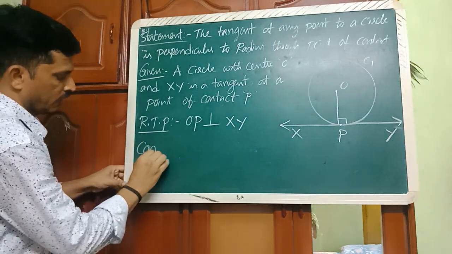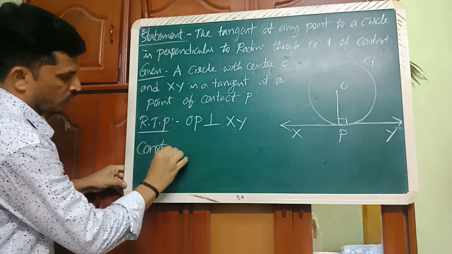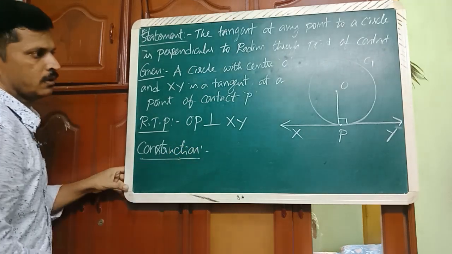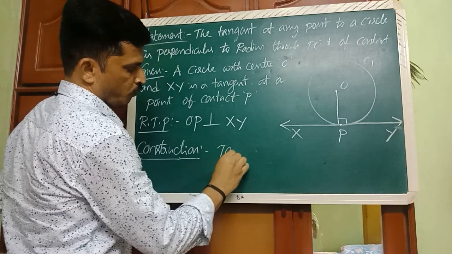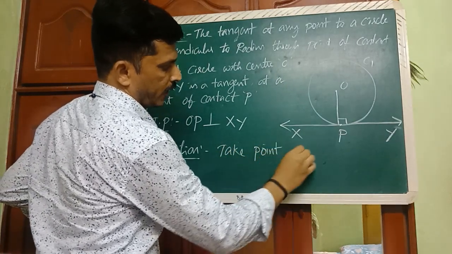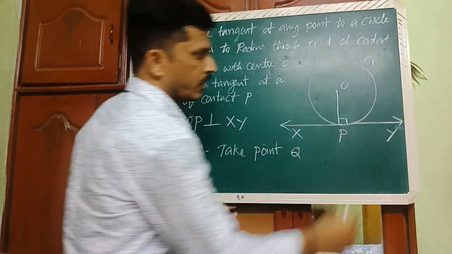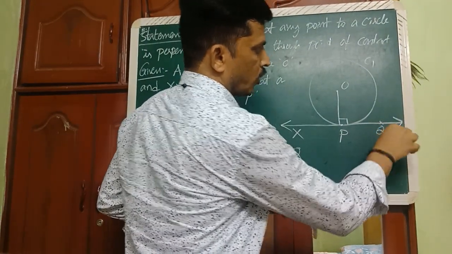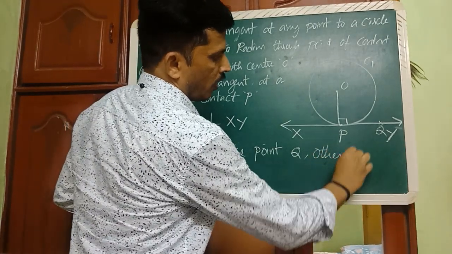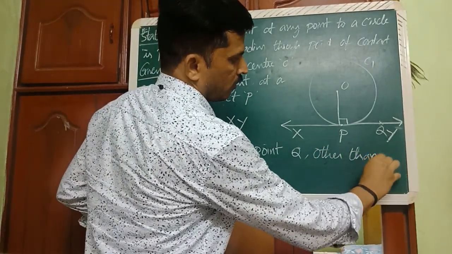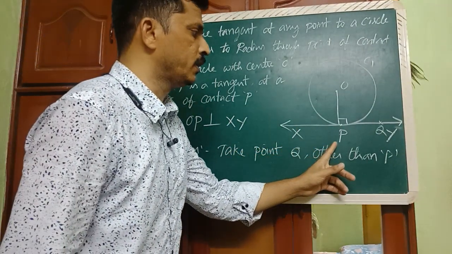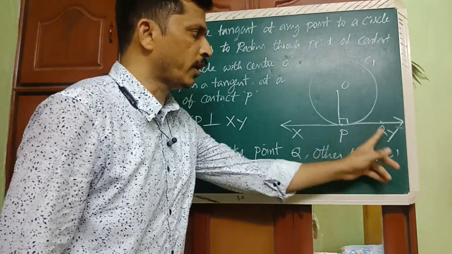For the construction, take a point Q other than P. Already one point P is there, so I have to take one more point.